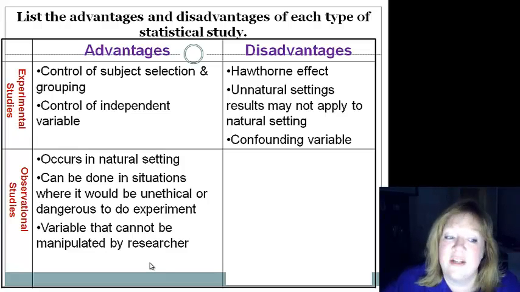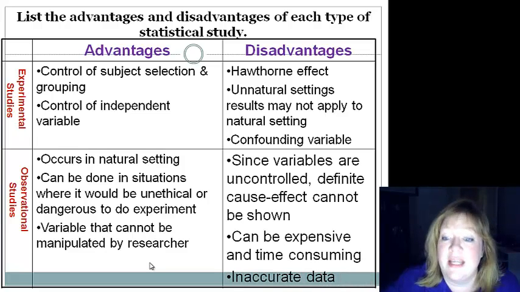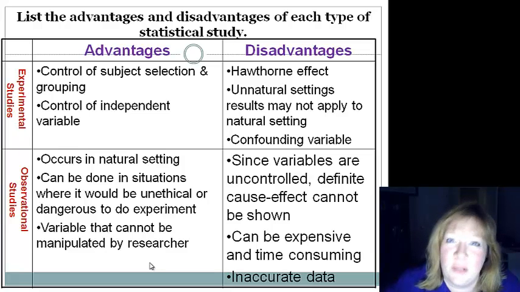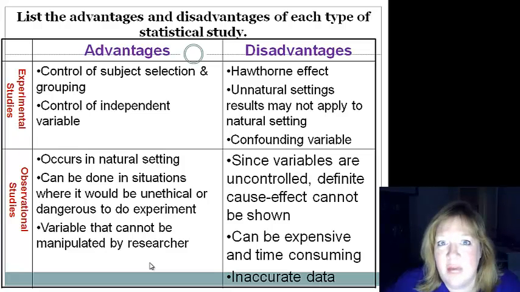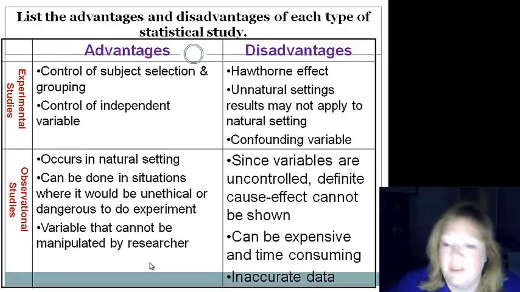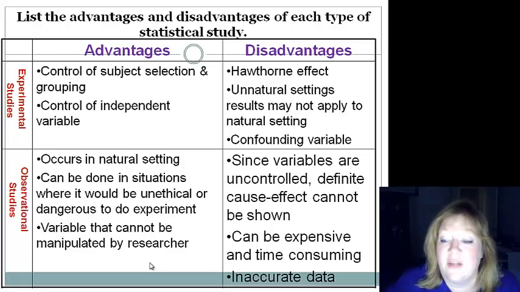The disadvantages of the observational studies is since the variables are uncontrolled, cause-effect is hard to establish. It can't really be shown definitely. That's like the polio ice cream thing. They compiled this data and they saw all the kids got it in the summertime, so it must be ice cream. That is an observational study that went awry because the cause-effect was not accurate.